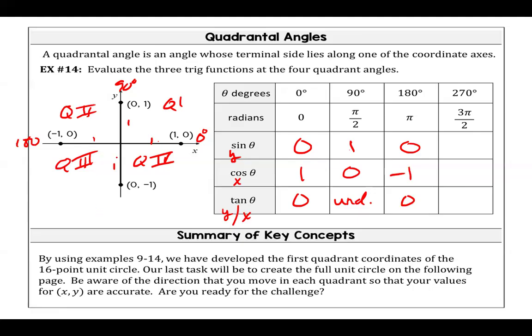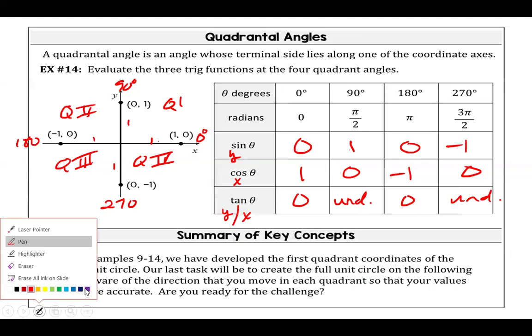I'm going to go another 90 degrees. So what is 180 plus 90? 270. So now we're at 270. The sine of 270 is -1. The cosine of 270 is 0. And the tan is undefined.